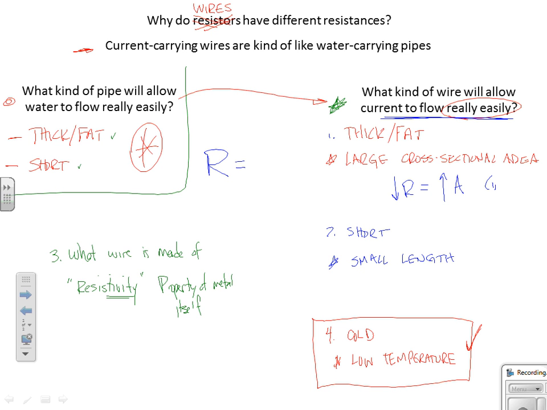That's called an inverse relationship, right? So resistance must be inversely proportional to cross-sectional area. Cross-sectional area, we call that A. It's measured in square meters.